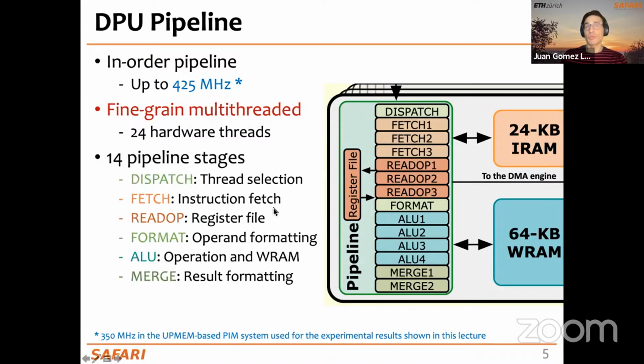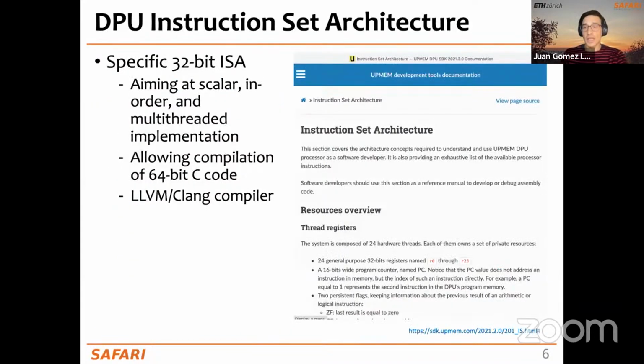The pipeline, as you may remember, is fine-grained multithreaded. It can hold up to 24 hardware threads, and in total it has 14 pipeline stages that you can see on the slide. The instruction set architecture of this UPMEM PIM architecture is a specific 32-bit ISA. It also allows compilation of 64-bit code, and the compiler is LLVM based.